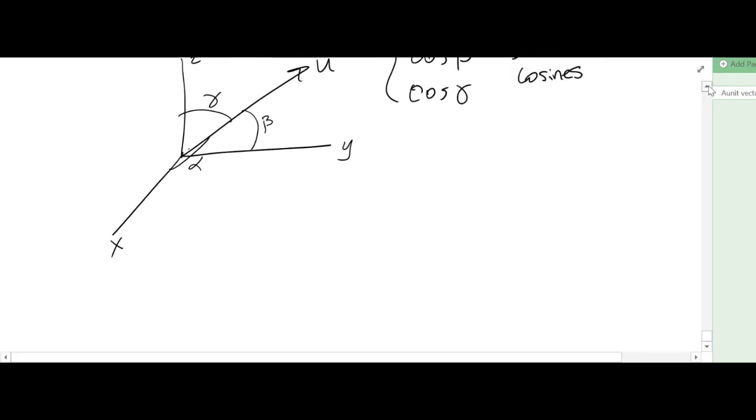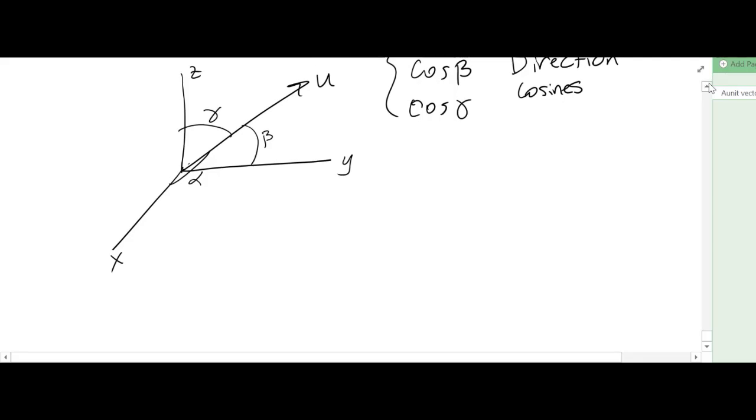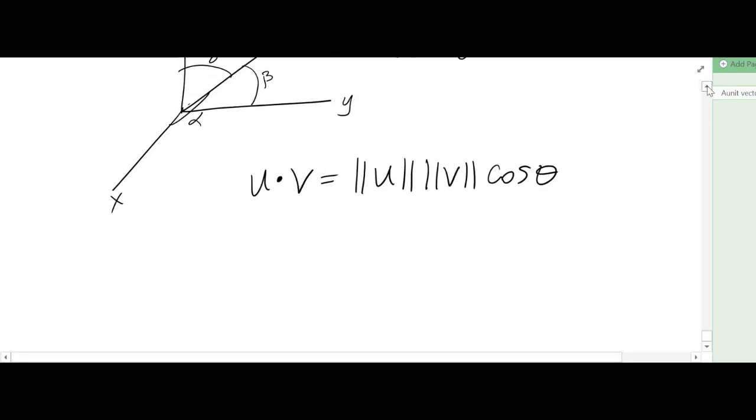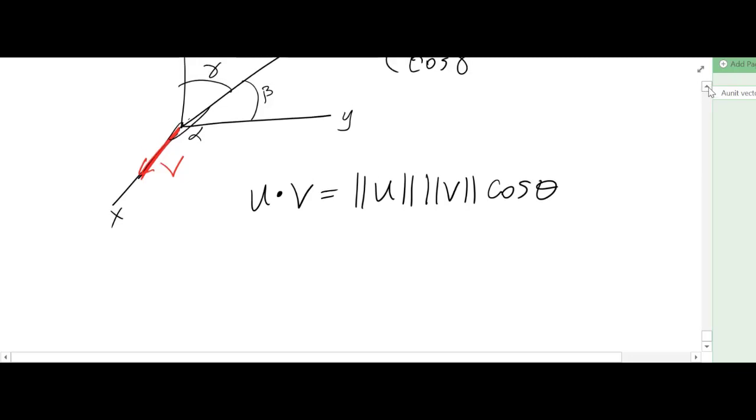Well, there's only one equation that we've talked about that involves the angle between vectors, and that's the formula we talked about earlier. u dot v is the magnitude of u times the magnitude of v times cosine of the angle between them. So if you take some vector in the direction of the x-axis, you call that v, then the angle in this equation will be alpha.